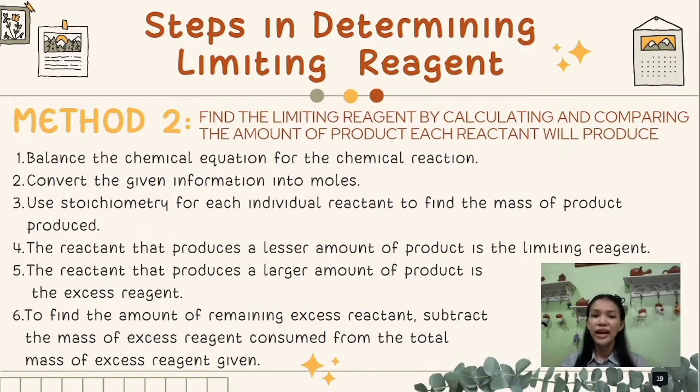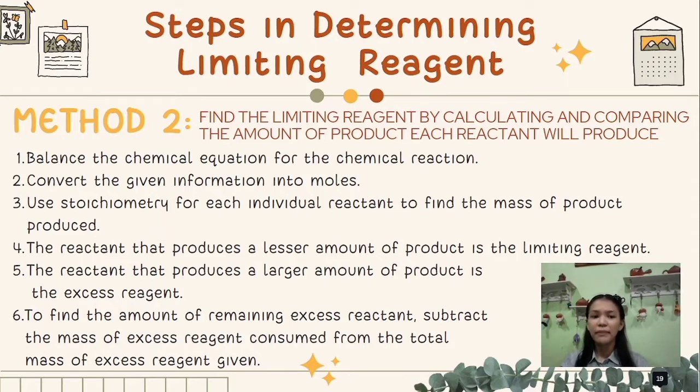Moving on to the second method that we've used in determining the limiting and excess reagents, which is to find the limiting reagent by calculating and comparing the amount of product each reactant will produce. In this second method, the first step was to balance the chemical equation for the chemical reaction. Second, convert the given information into moles.